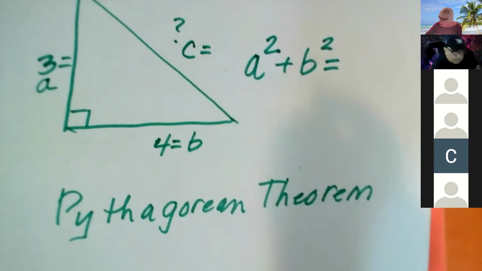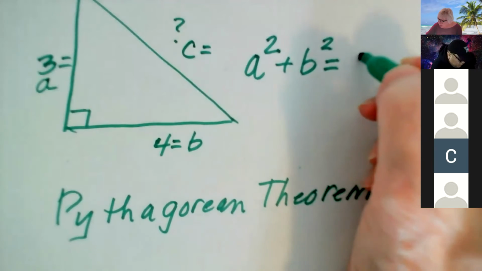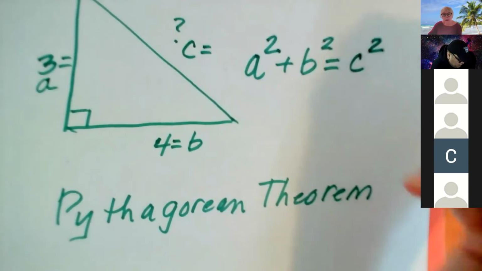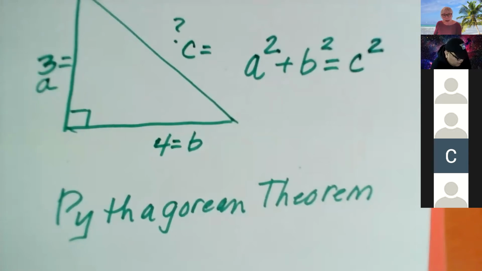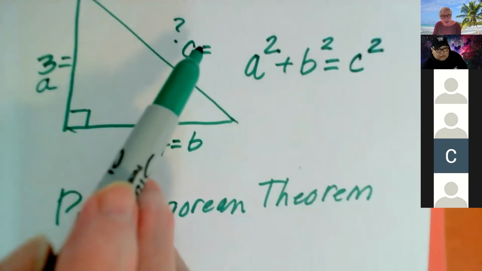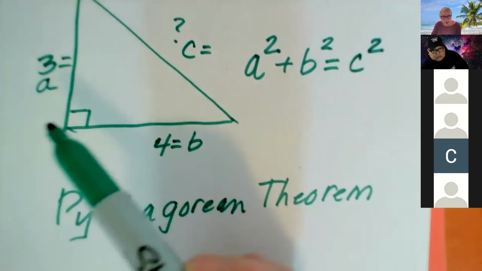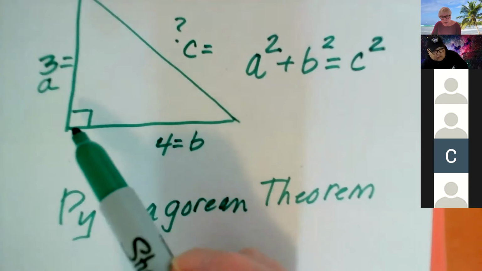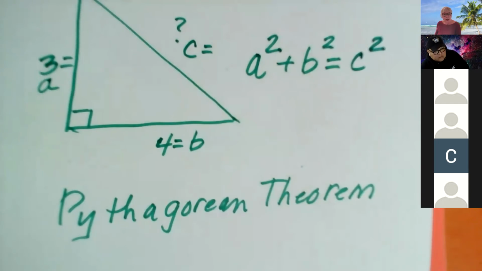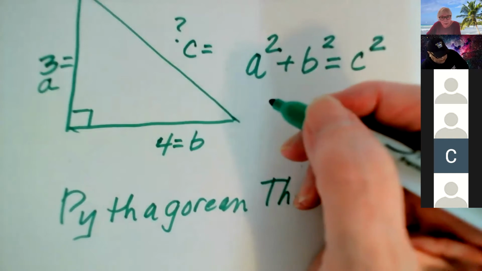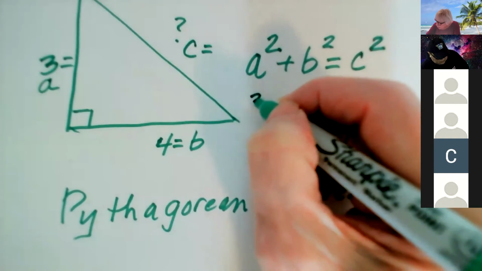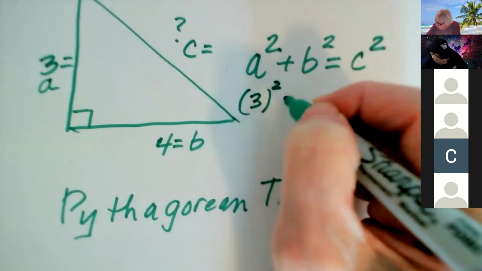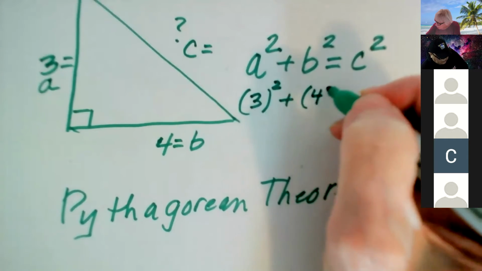Pythagorean theorem: A squared plus B squared equals C squared. And the A and the B can be interchanged, but the C must be that longest side, the side opposite the right angle, the 90-degree angle. And in this particular case, and I picked this problem, A was 3 and B was 4.